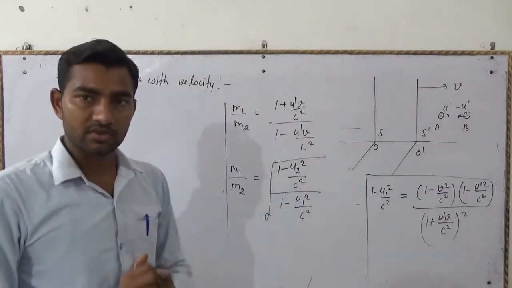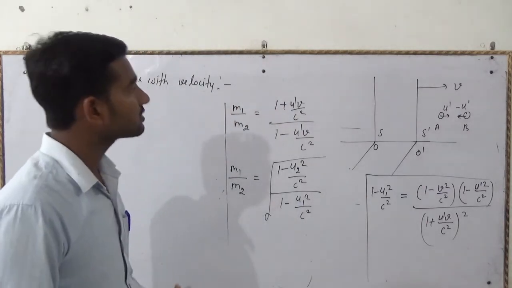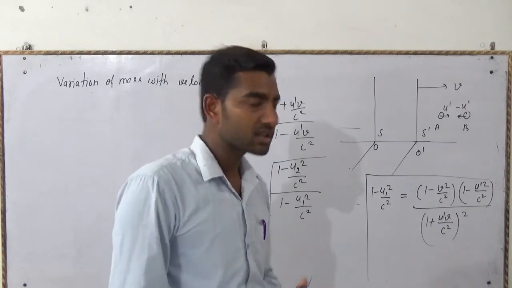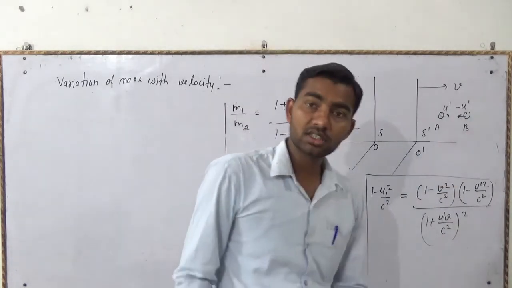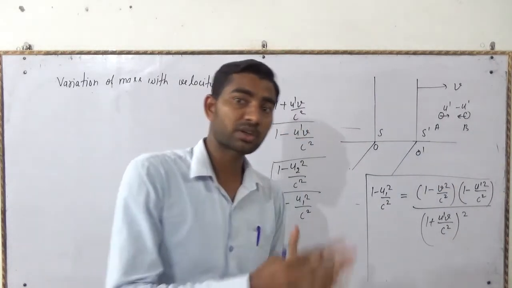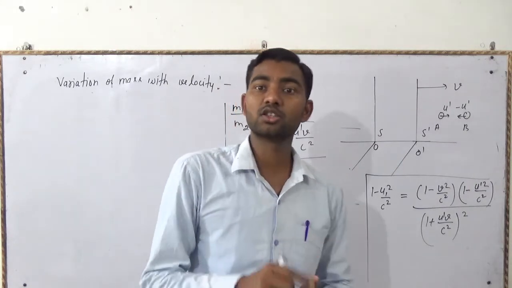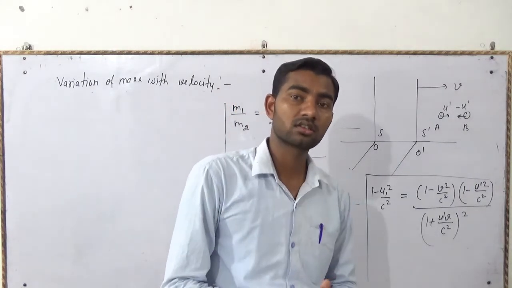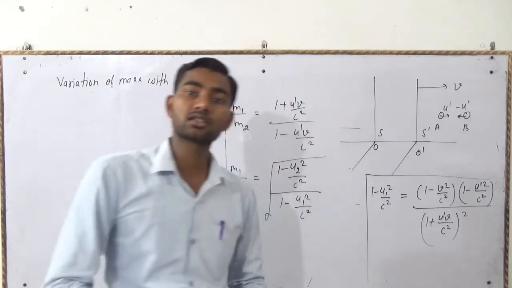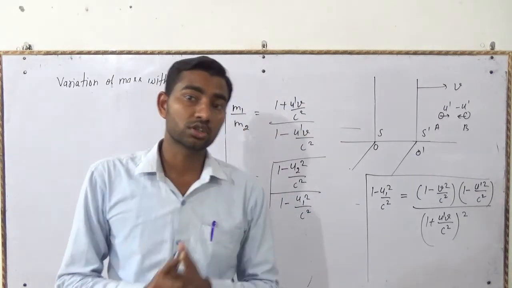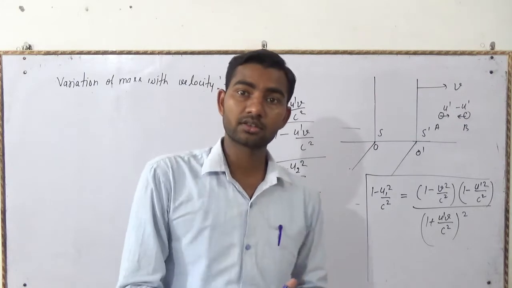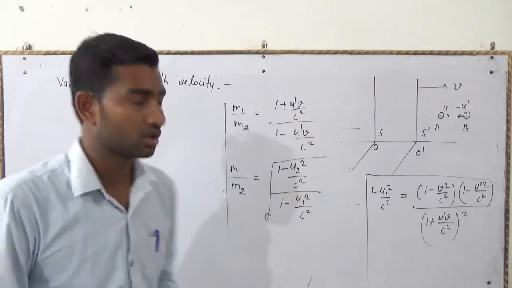It was my assumption. Friends, if we imagine that particle B is at rest with respect to frame S, then u2 will be 0, because in the previous lecture we told you u2 is the velocity of particle B with respect to frame S.